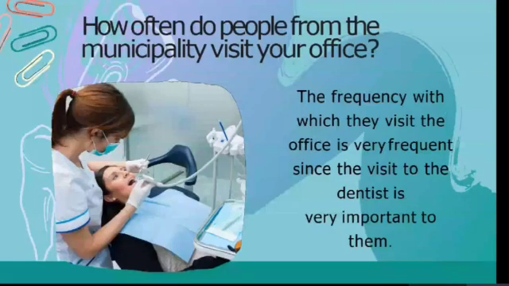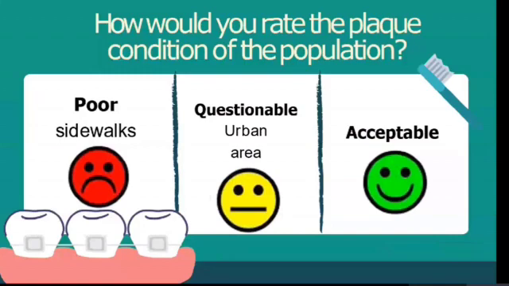How would you rate the plaque condition of the population? Unfortunately, in the rural area, the level of bacterial plaque has been high as they do not have the ease of obtaining oral hygiene items: a brush, a toothpaste, a mouthwash, and floss.